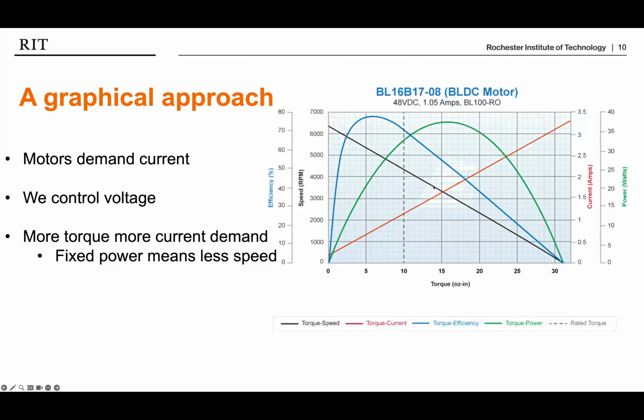This change isn't perfect, but it is constant. It is a very linear relationship. So again, torque up, speed down. And then I end up at this point over here where I have no speed, but a lot of torque. And we would call this our stall torque.